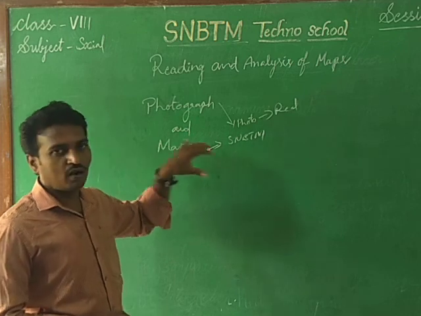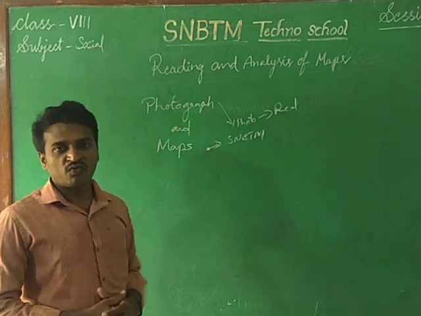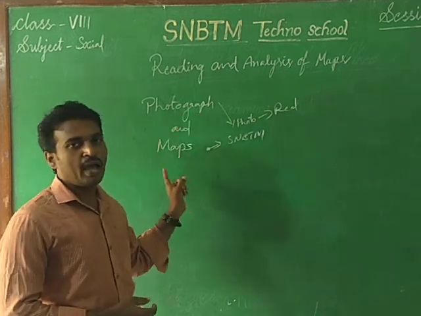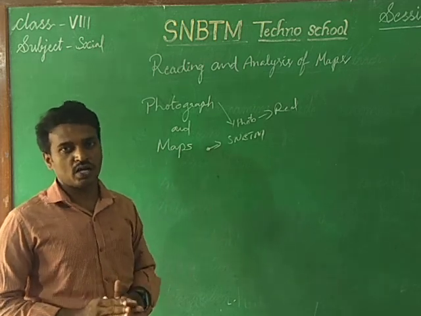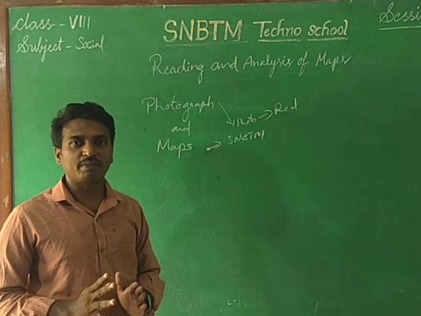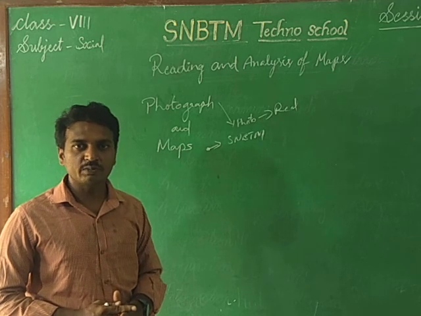Those things we cannot get from the photograph, but from the map we can get more information regarding the particular area. How is it possible?